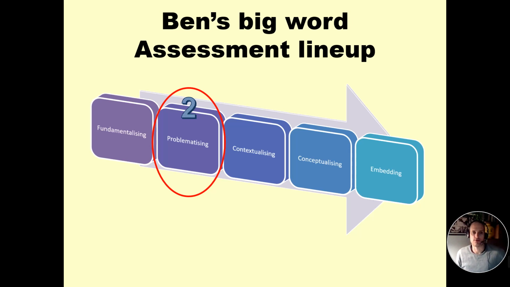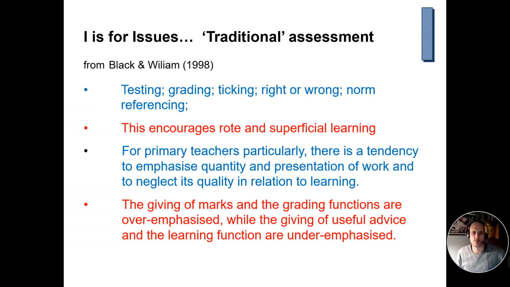Let's think about some of the issues that we have with traditional assessment. So the seminal work on this is Black and Williams, Inside the Black Box, where they explicitly did a literature and study review into assessment and its use.